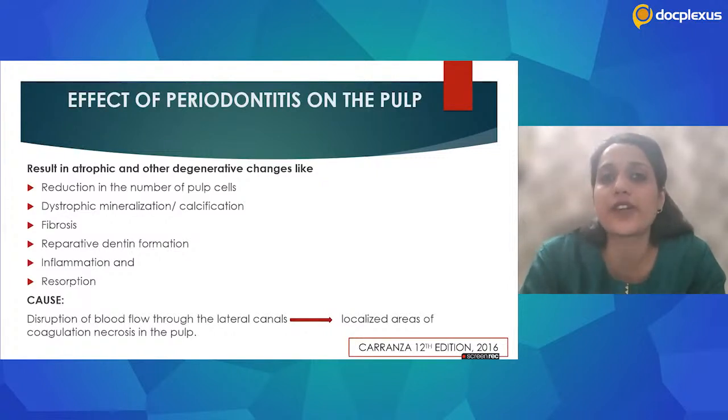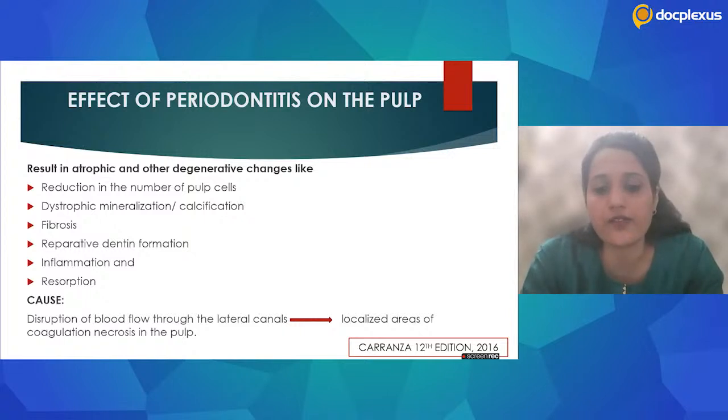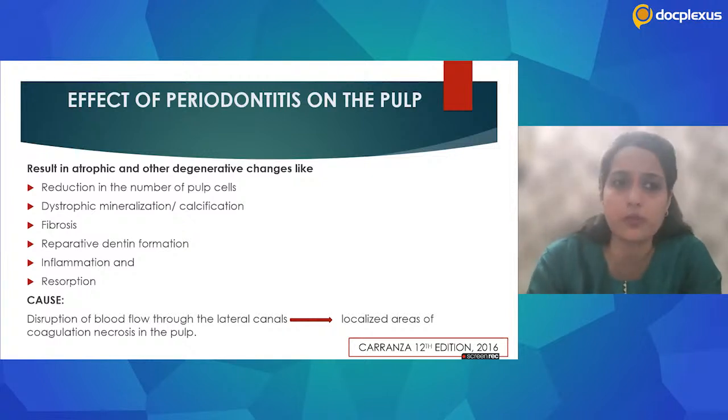Now coming to the effect of periodontitis on the pulp. Of course, we have seen it is a two-way communication. You have an effect from the pulp on the periodontium, and you have an effect from the periodontium on the pulp.